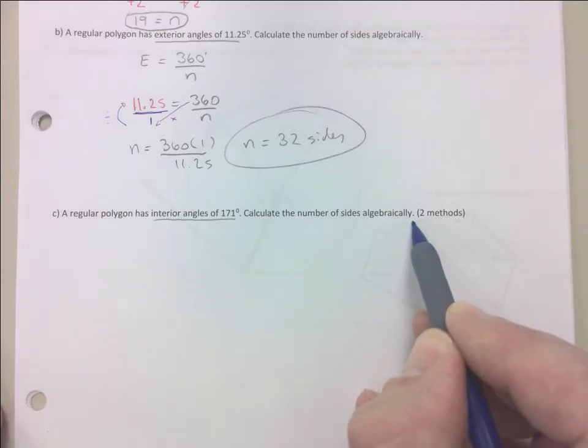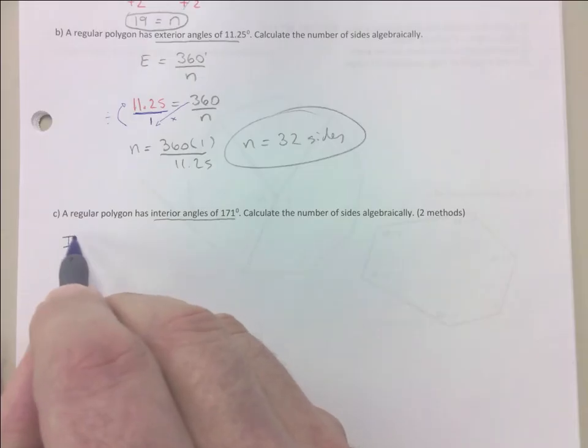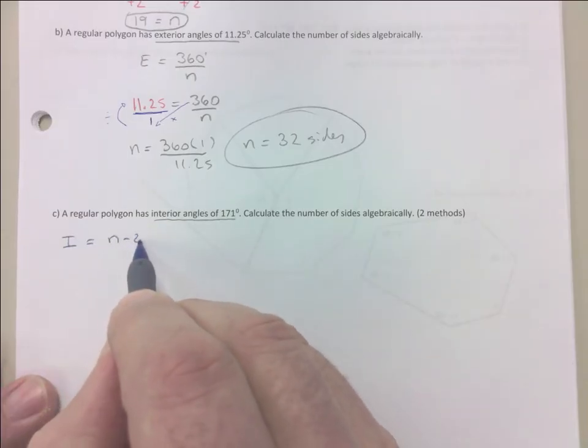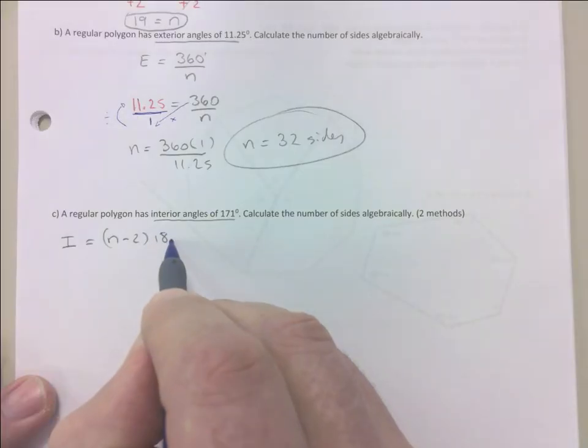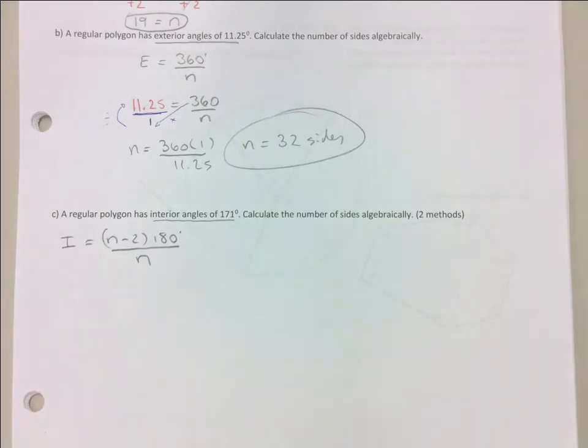Calculate the number of sides algebraically. You got to start with this formula. And you're thinking, yikes, that's going to be tough, right? You've got n in the denominator, you've got n in the numerator. It can be done, but I think it's too much work.